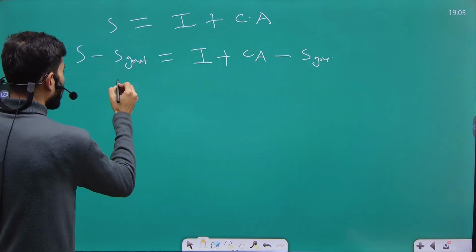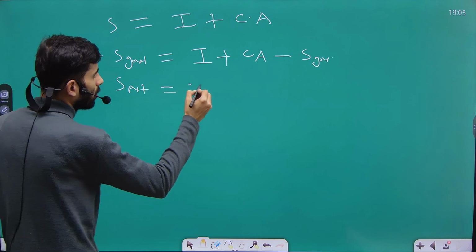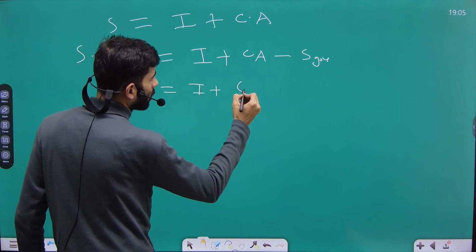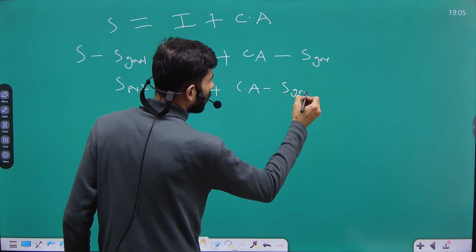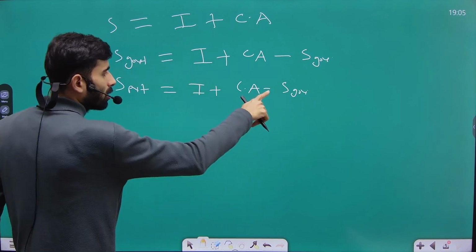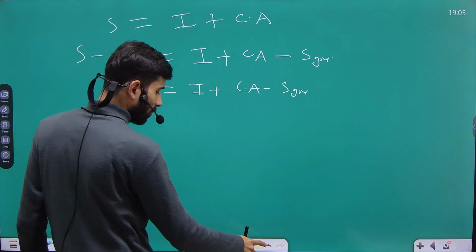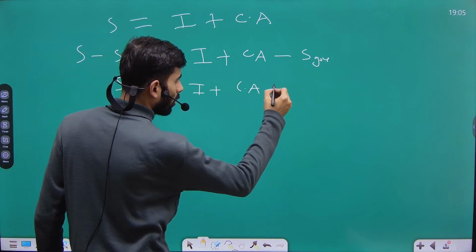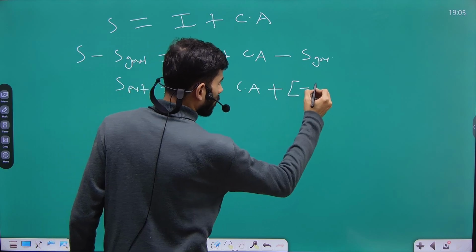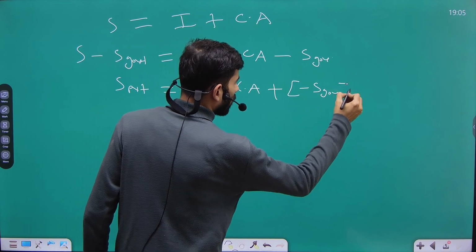Then it turns out to be private saving is equal to I plus CA minus savings of government. This term, minus government savings, can be rewritten as plus, in brackets, government savings.